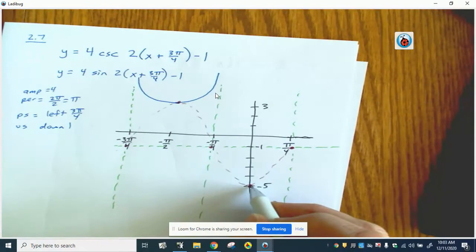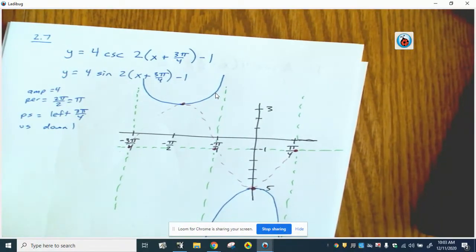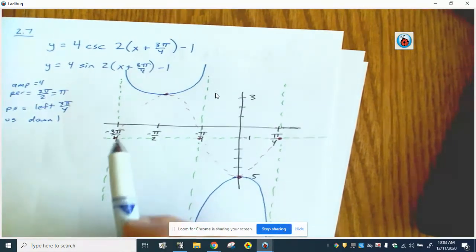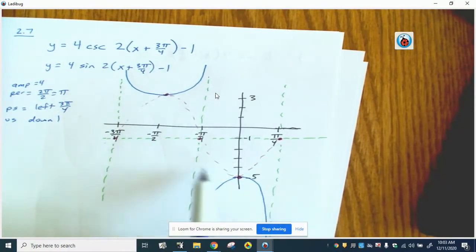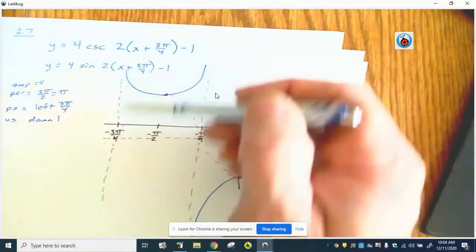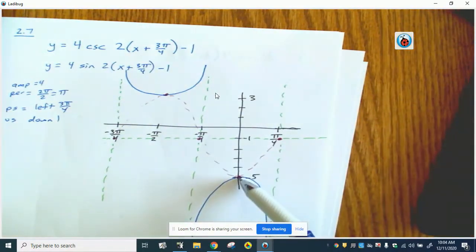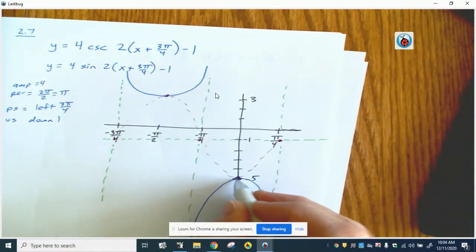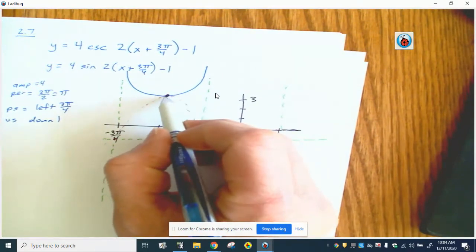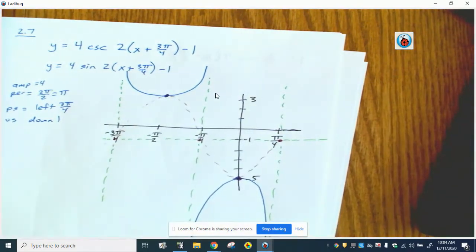The bottom of the sine curve, that's going to be the top. That's what I'd be looking for. Again, you don't have to have the sine curve drawn, but you do have to have the asymptotes. And I'm going to be looking to make sure that this peak goes up to -5, this trough comes down to +3.